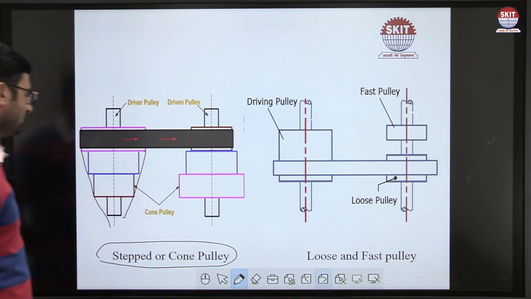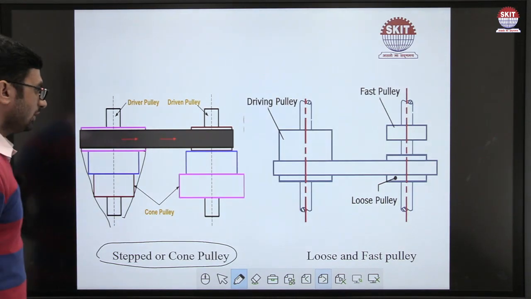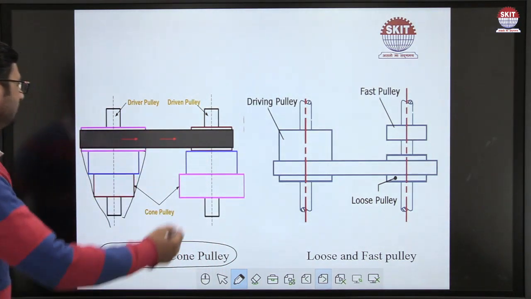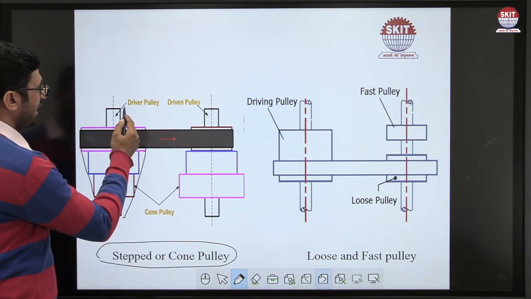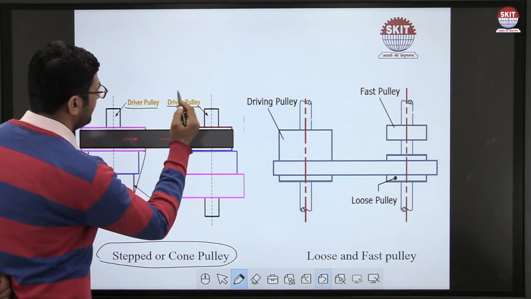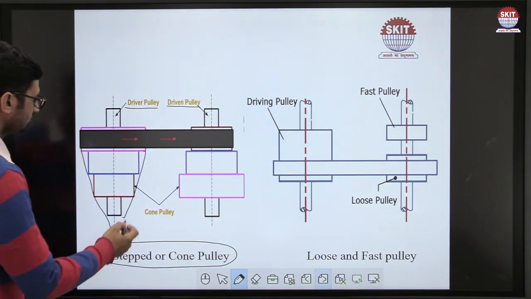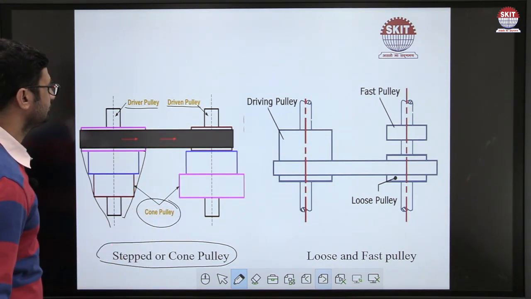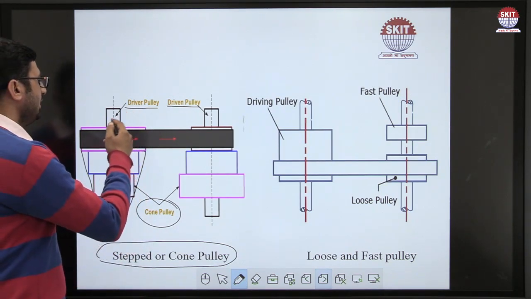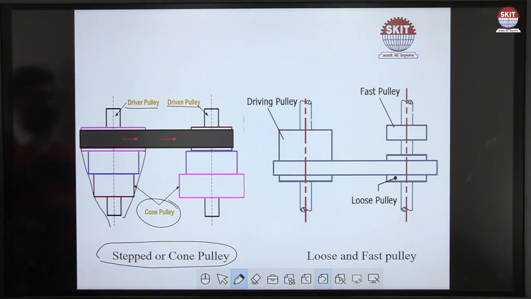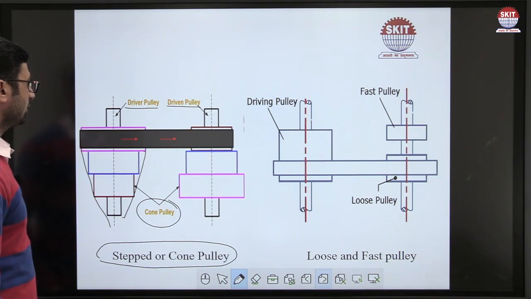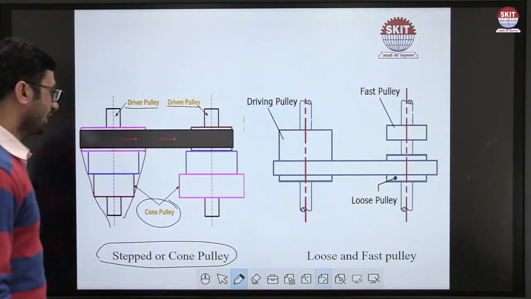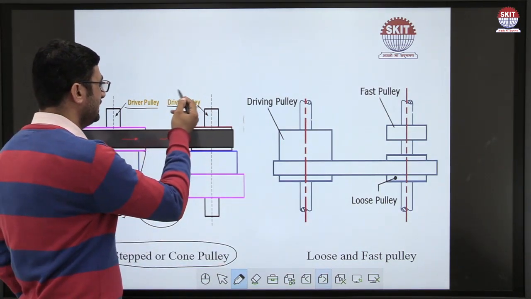This is the example of the cone pulley in the bicycle gear cycle. This is the driver pulley and this is the driven pulley. And these pulleys are called the cone pulleys. The driver pulley is the pulley which provides the power to drive another pulley, and the other pulley which is driven with the help of the first pulley is known as the driven pulley.